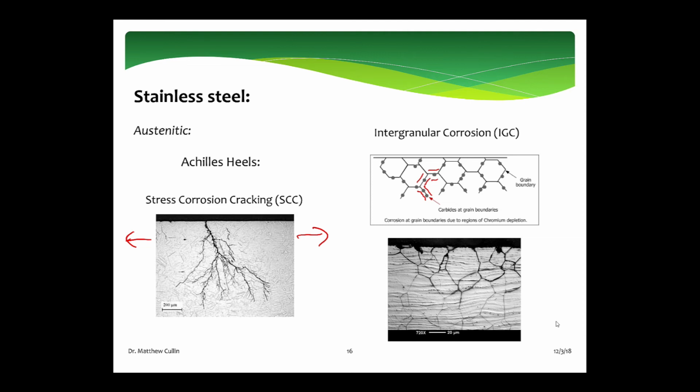As a result, when you expose it to a corrosive environment, the attack occurs right at the grain boundaries, exclusively at the grain boundaries. And you can see it right here. This picture is a perfect example of intergranular corrosion. When you look at that, you say, well, those look like grains. Well, they are grains, right? And the attack occurred very locally, only at the grain boundaries.